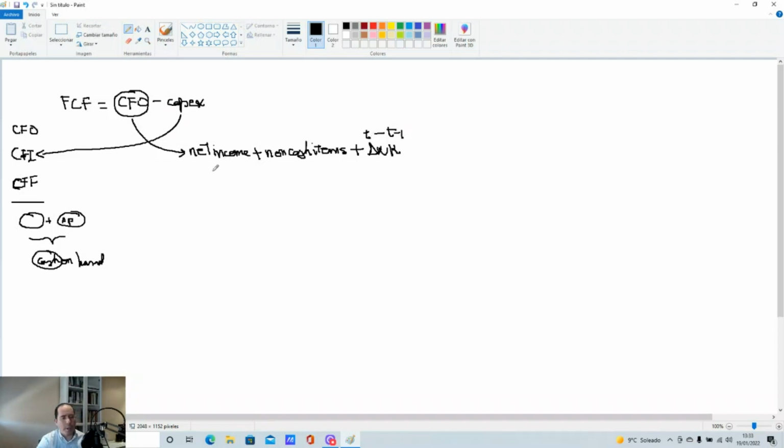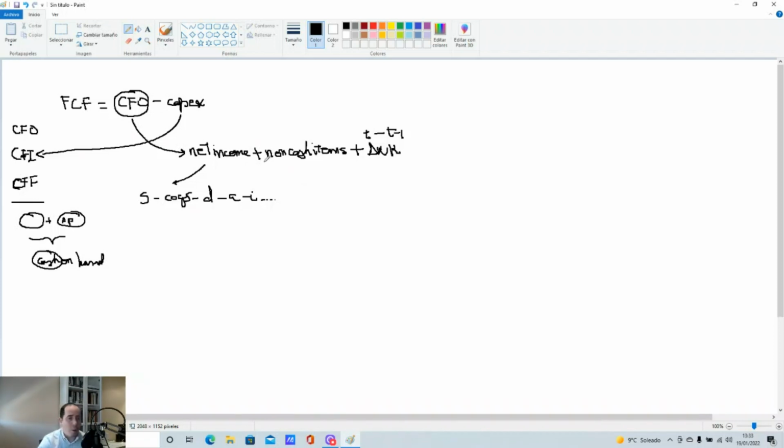Now what we are doing here is transforming, really, the cash flow statement is a transformation of the income statement. In the income statement you will understand it better: the net income is equal to the sales minus the cost of goods minus the depreciation minus the amortization minus the interest expenses and so forth.